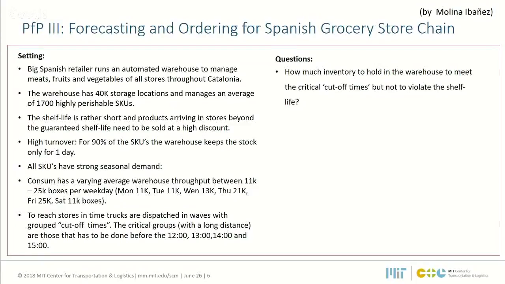So what he is saying is, we have set these slots of 12, 13, 14, and 15 where we push out the different trucks. And his core question is how much inventory to hold in the warehouse to meet the critical cutoff time. Because again it's that question of having too much and having product that sits there too long, but also having too little and not being able to push out in time.